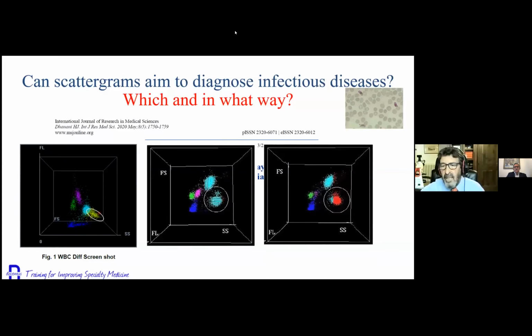And so the infected RBC, the red blood cells, and only the morphology of scattergrams can be essential for the diagnosis and identification of imported malaria, as far as the Italian situation is concerned.